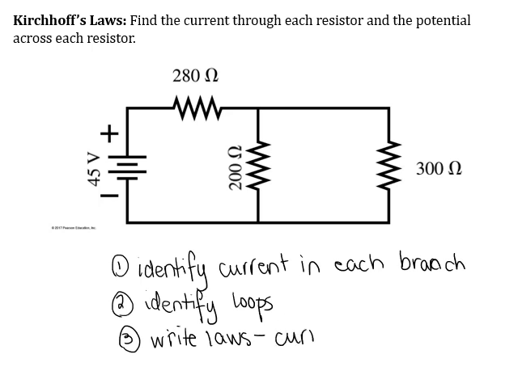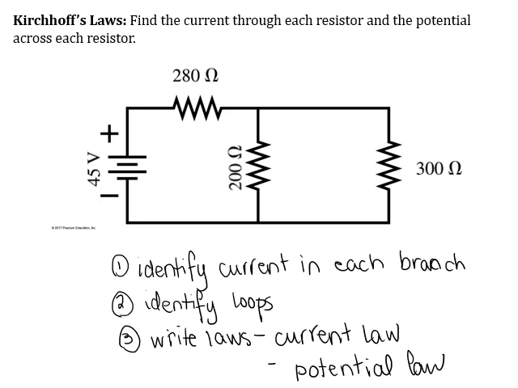So Kirchhoff's current law or junction rule, and Kirchhoff's potential law or loop rule. So there's the overall strategy. Why don't we get started by identifying the current in each branch.